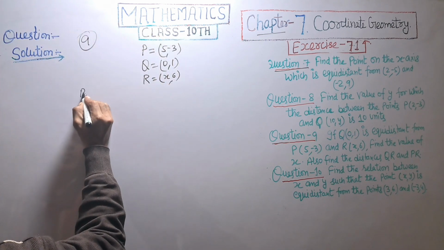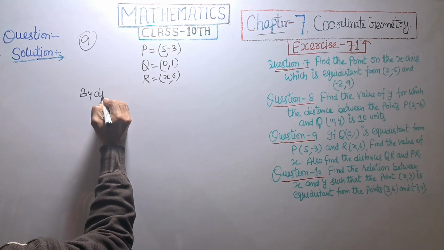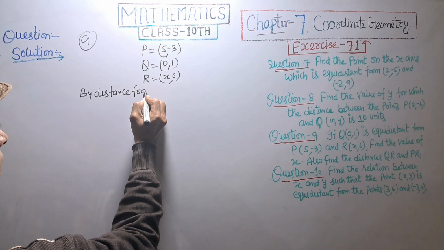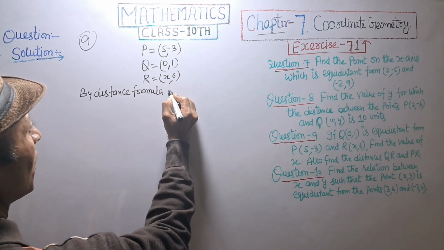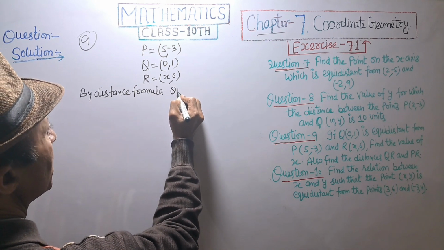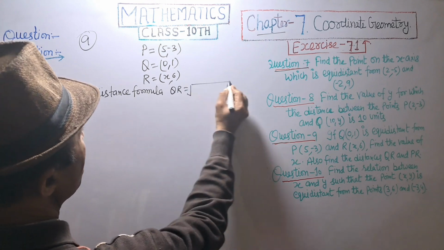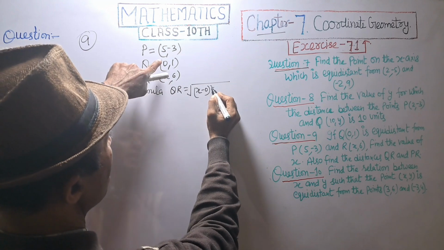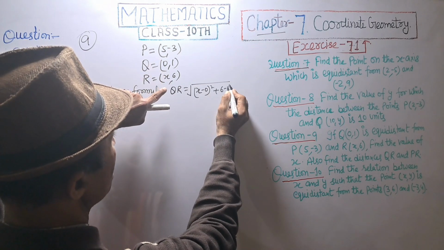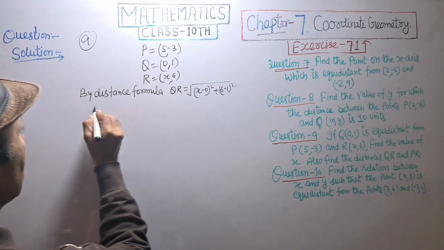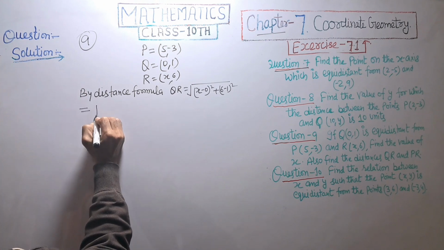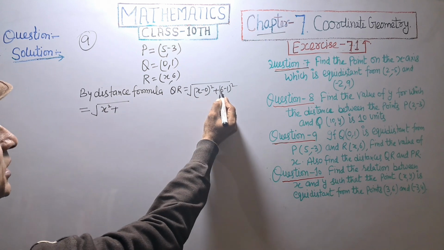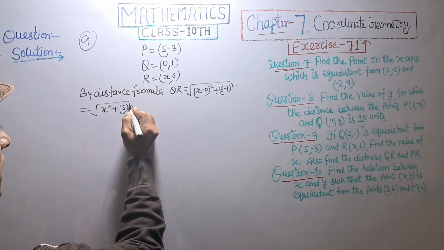By distance formula, QR is equal to under root of (x2 minus x1) square plus (y2 minus y1) square, that is equal to under root of x square plus (6 minus 1) is 5, and 5 square.